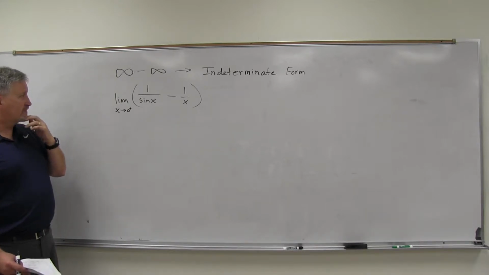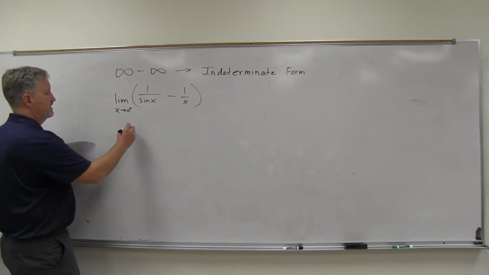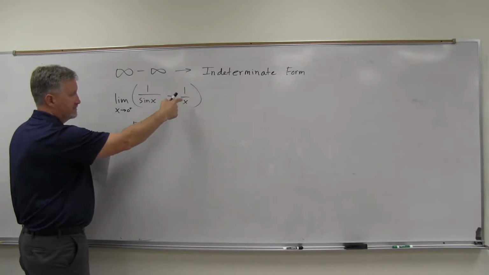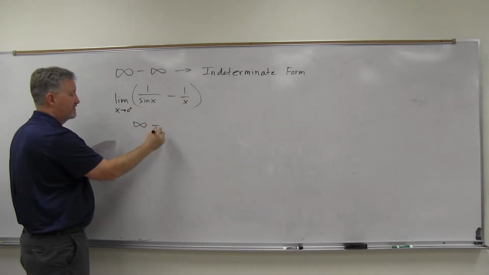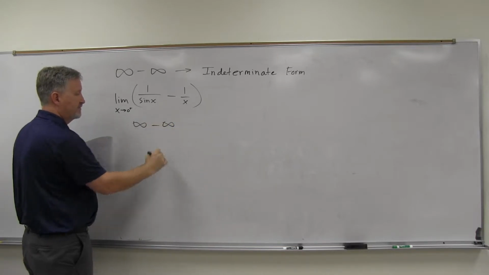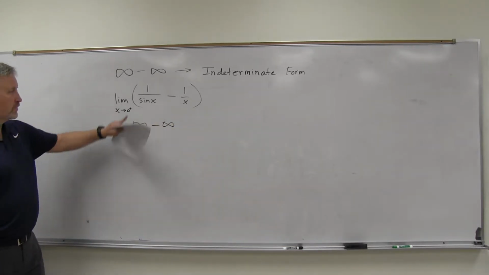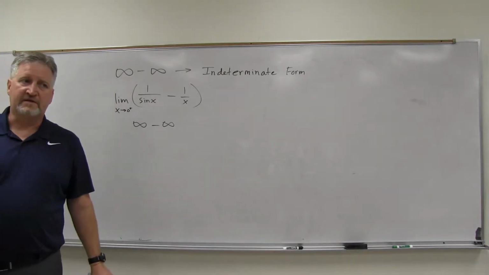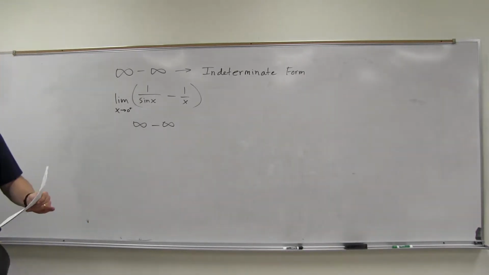I believe here we're going to infinity. 1 over x, again, 0 from the right, so that's infinity, so we've got infinity minus infinity. It's indeterminate.